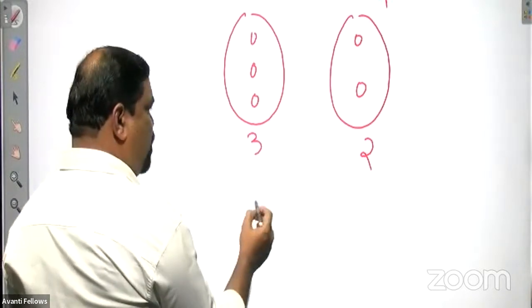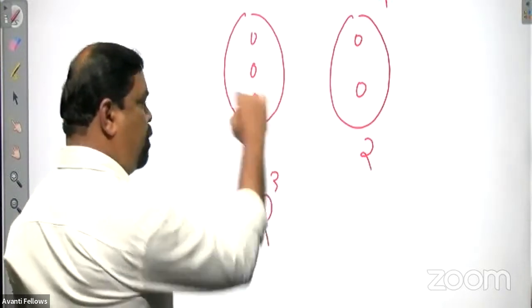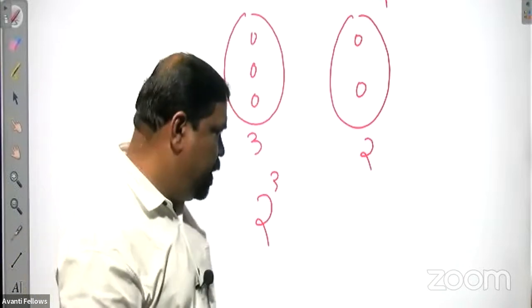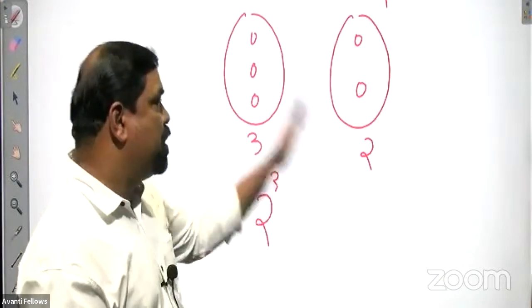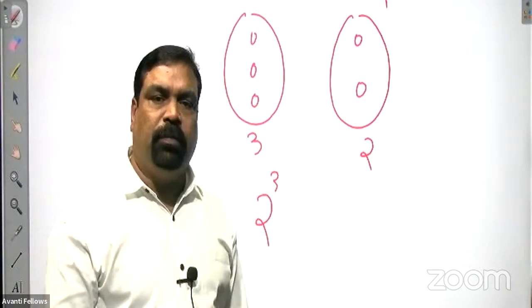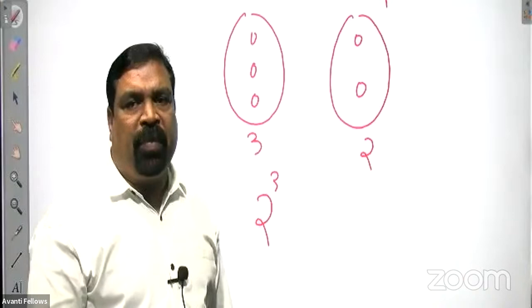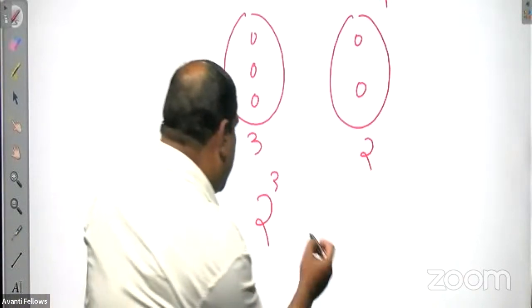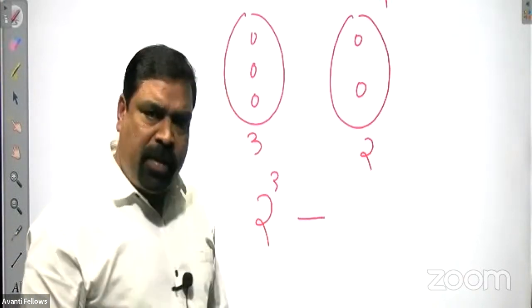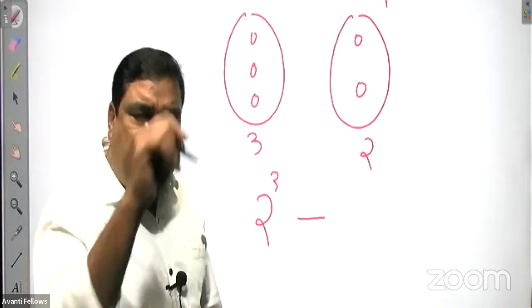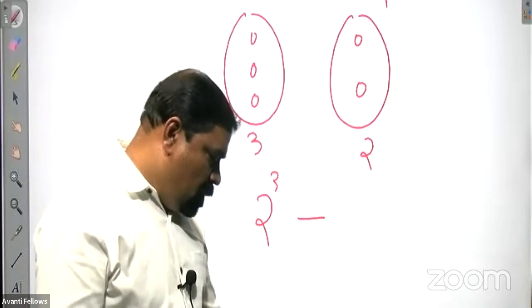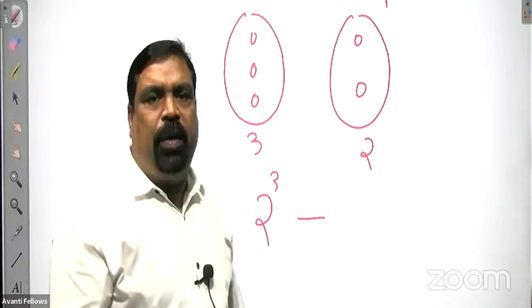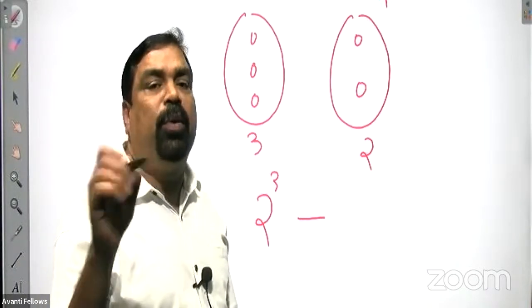So the number of functions will be n raised to m, that is 2 cubed. And out of these 2 cubed, 8 functions, 2 functions won't be onto.